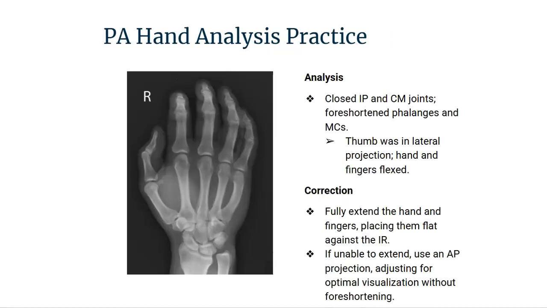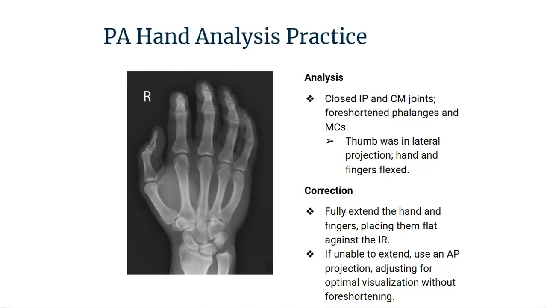So let's review this practice analysis together. In this PA hand projection, again, you want to determine whether you have all your anatomic structures. In this case, we do have our anatomic structures. However, are they adequately visualized for the PA hand projection? In this case, we do not. They are not adequately visualized.